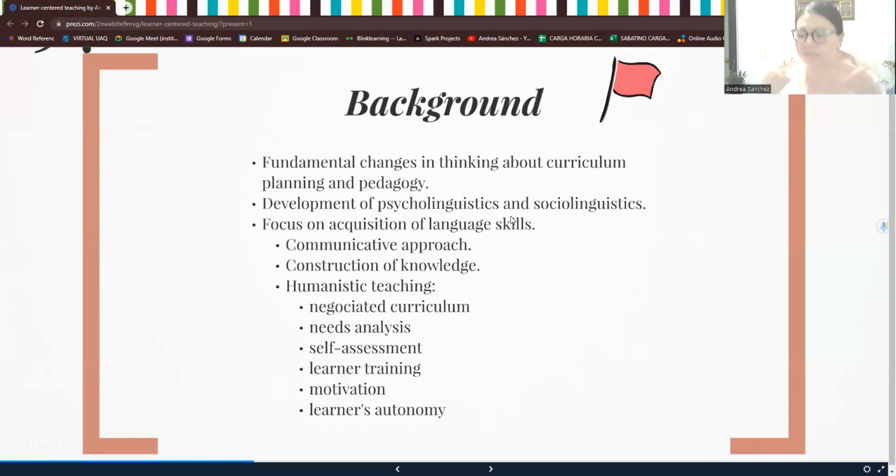We, the teachers, as guidance, are there to guide them with our materials, with our knowledge, and they, through some clues and through some information, discover language and create hypotheses, remember?